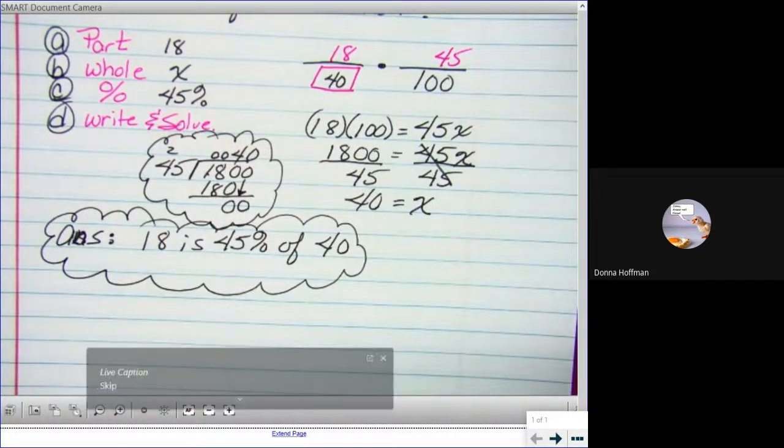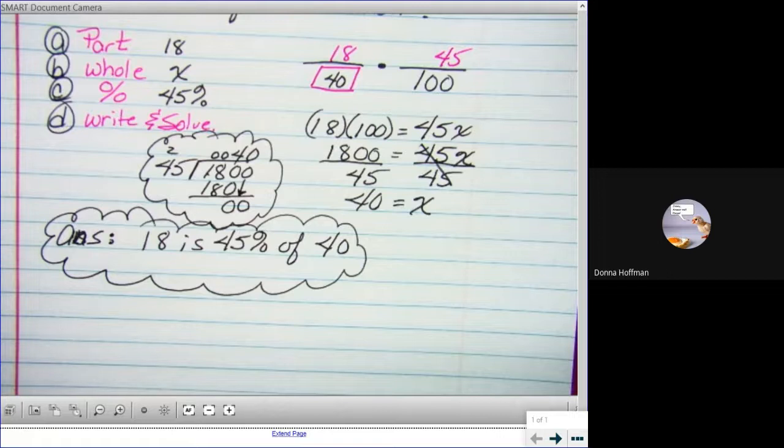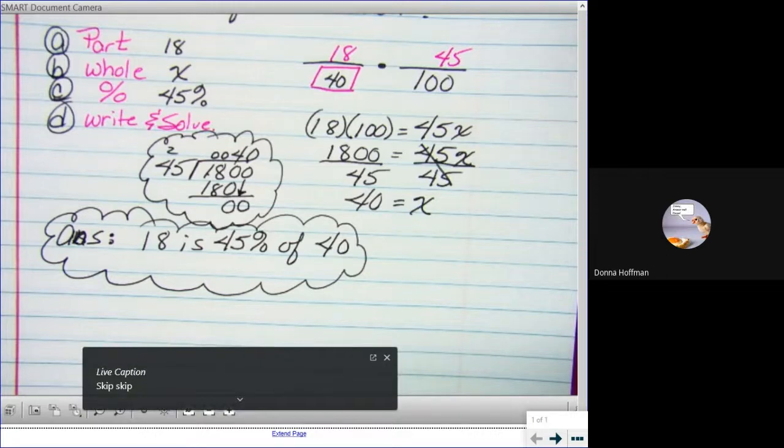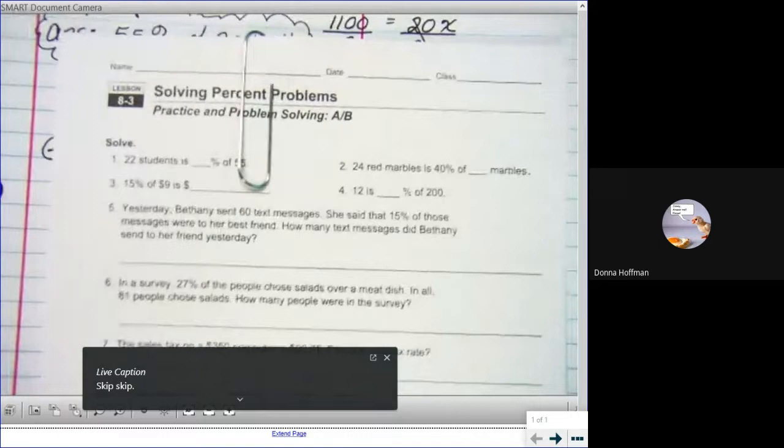Now, somehow or another, I've gotten down here where you are supposed to complete number 5 and number 6, but I don't know what page. Hold on. Anyway, we are going to go to problem solving AB.